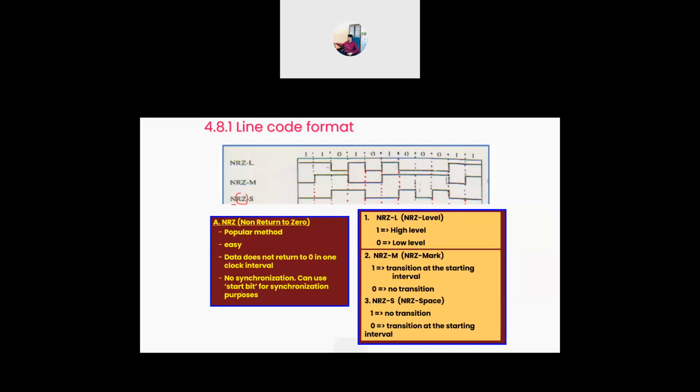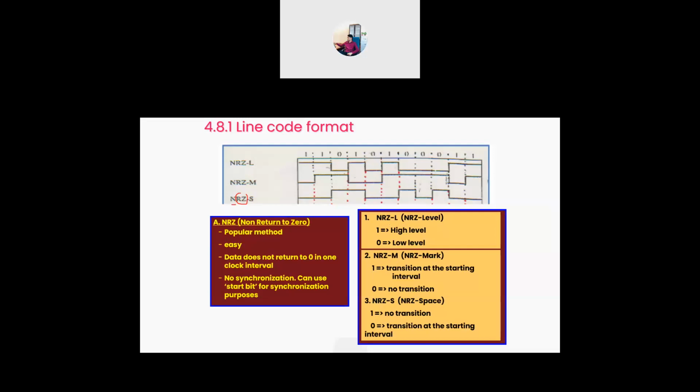Can use a start bit for synchronization purposes. Okay, so we have NRZ level, NRZL, and we have NRZM, mark, and NRZS, space.